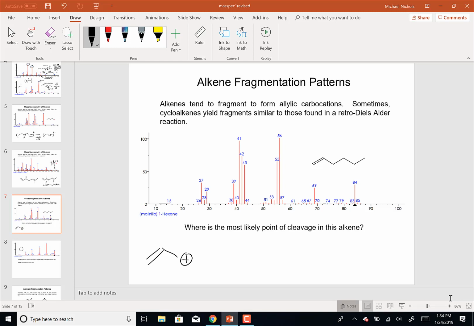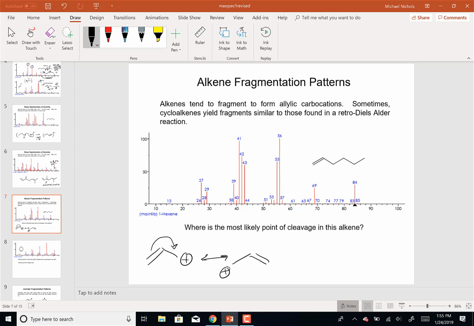Wait, I just drew a primary carbocation that you would be allowed to draw in lecture. Why? Because it's got another resonance structure. If I take this pair of electrons and move it over here, there's a second resonance structure, so it's more than a primary carbocation.